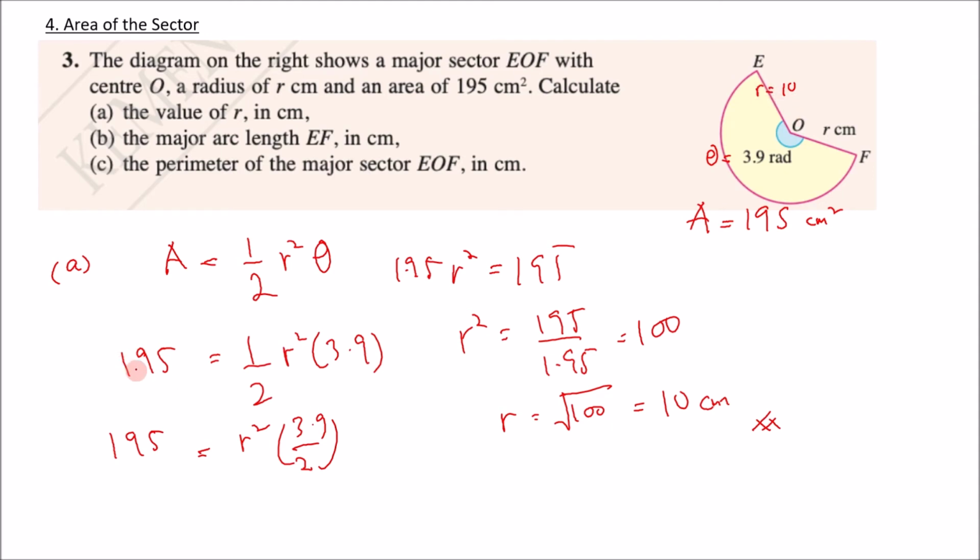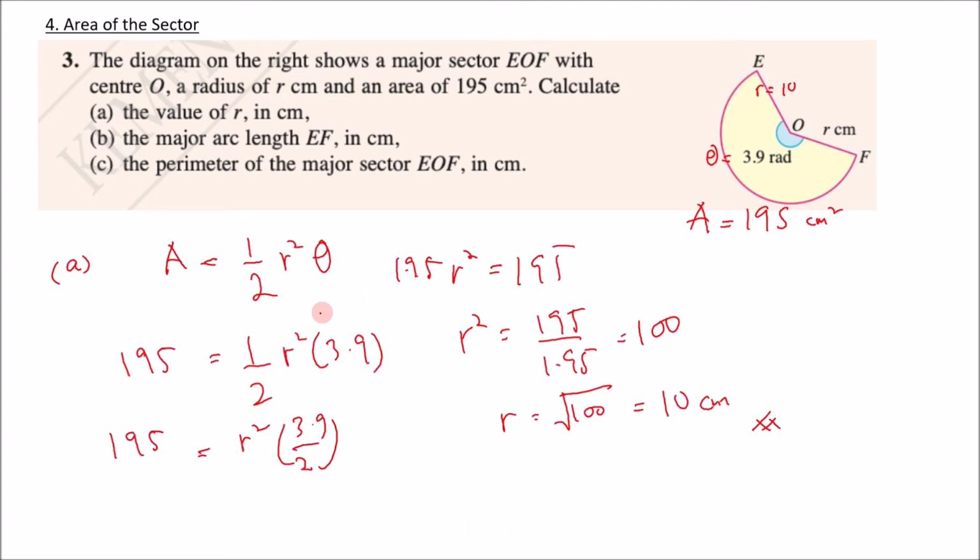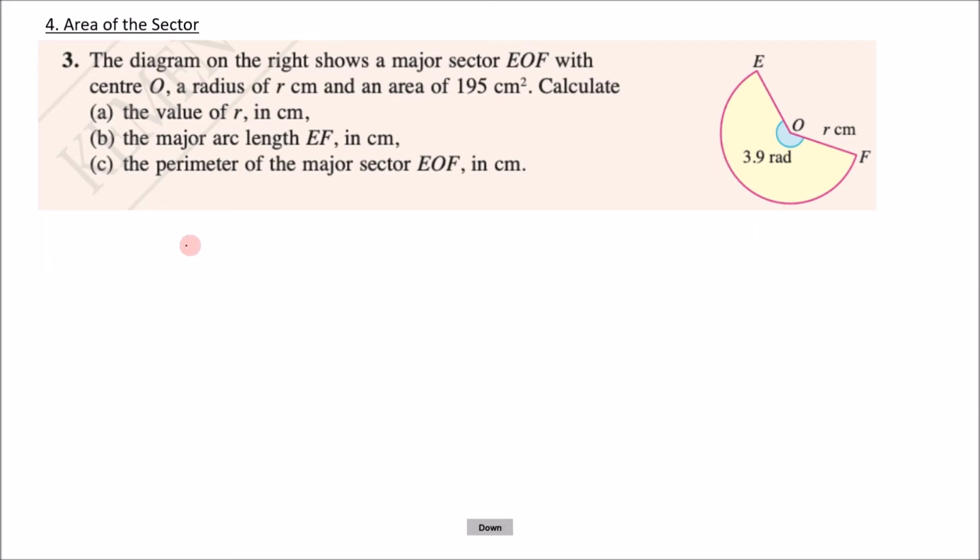Okay, so we move on to question B. What's the major arc length EF in cm? So what we need to find is the S, right? The major arc length EF.